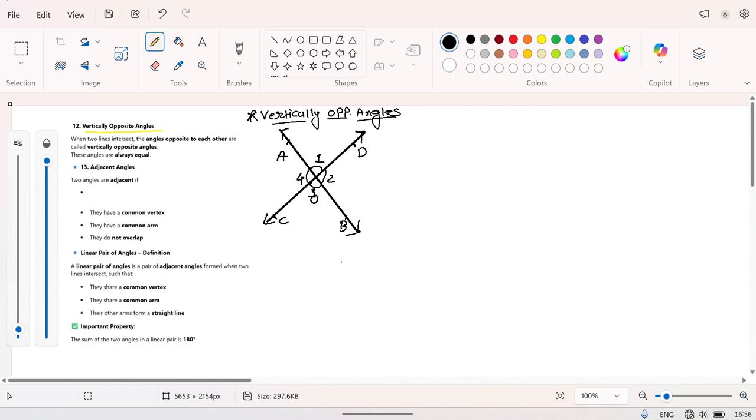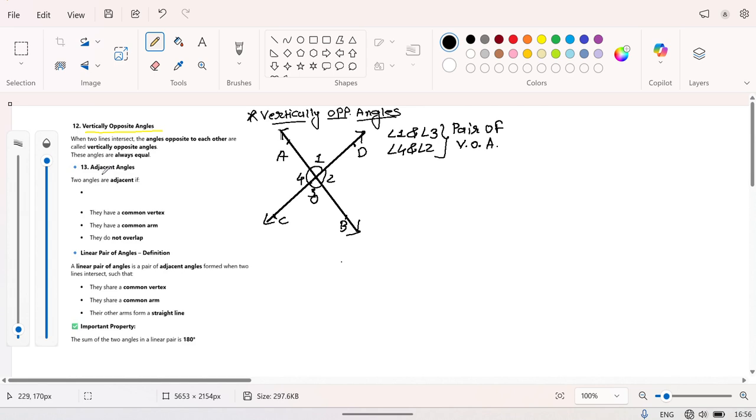In this figure, of these four angles, two angles are opposite to each other. Those two angles which are opposite to each other are called vertically opposite angles. It means angle 1 and angle 3, and angle 4 and angle 2 are pairs of vertically opposite angles.